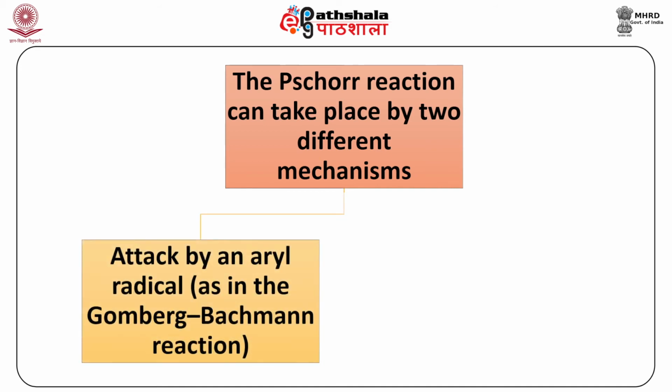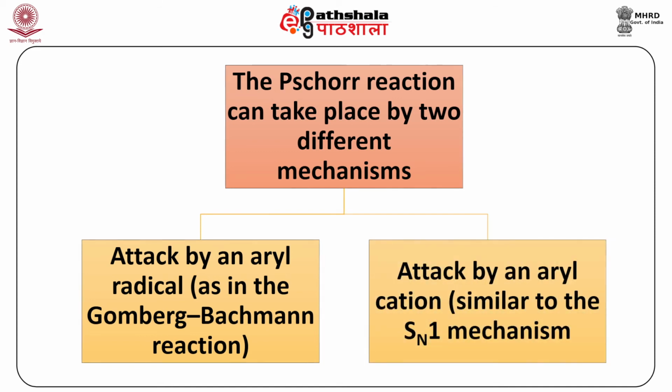First, attack by an aryl radical as in the Gomberg-Bachmann reaction, or second, attack by an aryl cation similar to the SN1 mechanism. Under certain conditions, the ordinary Gomberg-Bachmann reaction can also involve the attack by aryl cations.